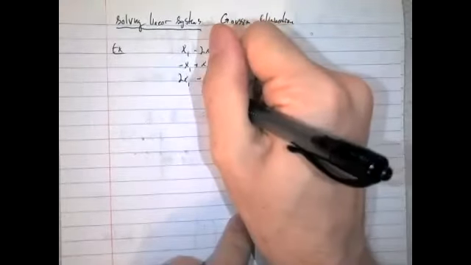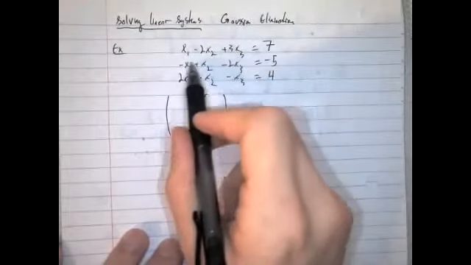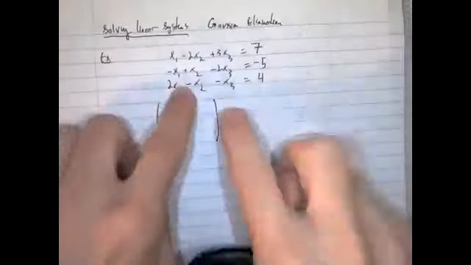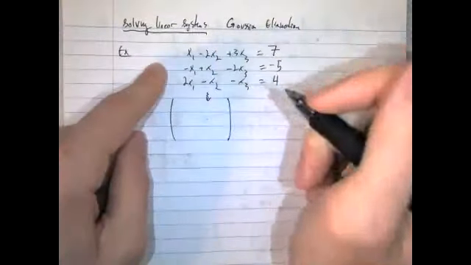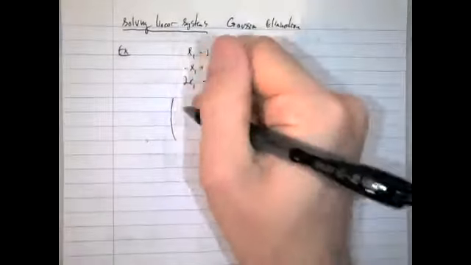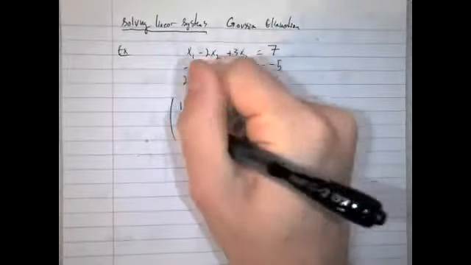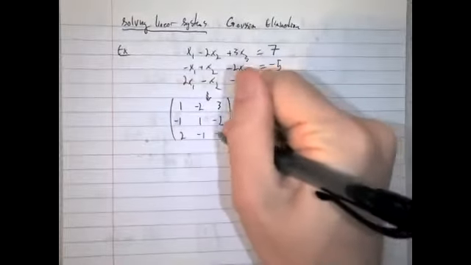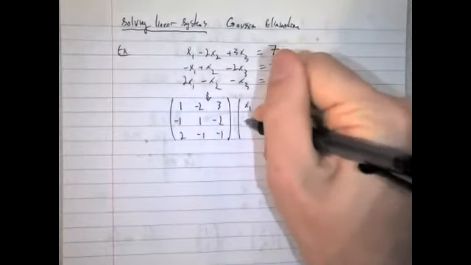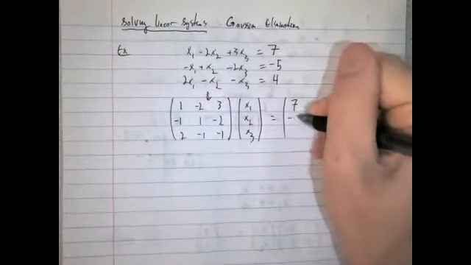I'm going to be able to write this in our matrix notation. First I write a matrix associated with this collection of linear equations, and I'm just going to pick off the coefficients. So in particular, this should be the matrix with rows 1, negative 2, 3; negative 1, 1, negative 2; and 2, negative 1, negative 1, times x1, x2, x3, being equal to the vector 7, negative 5, and 4.